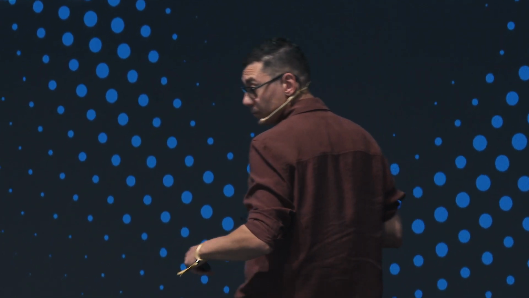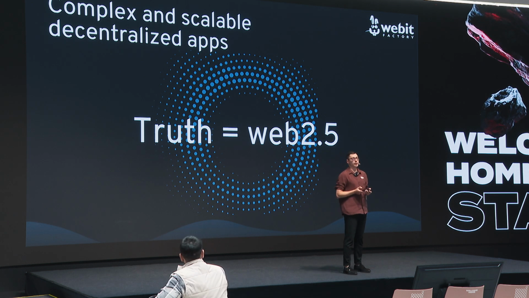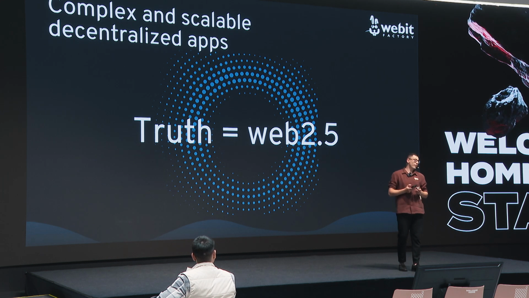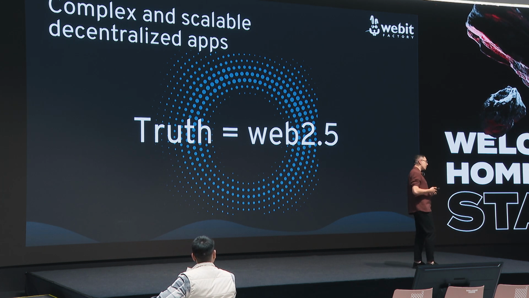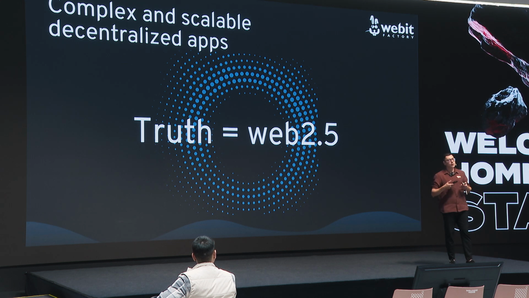All right, so what's the actual truth when we build a Web3 application? The truth is that we build Web 2.5. Blockchain technology is not yet there in terms of scalability and complexity. So if you want to create a very complex, very scalable decentralized application, you still need to use traditional technologies, traditional databases.